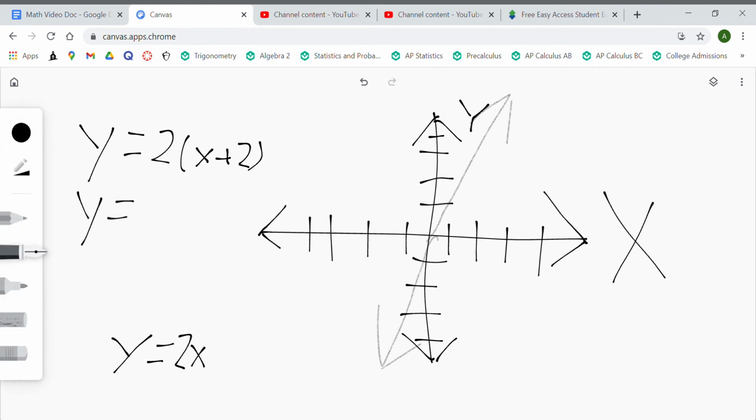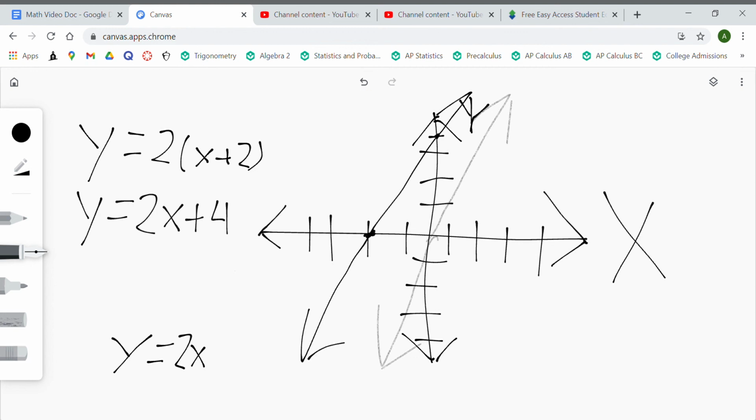We're going to simplify this and find the y-intercept. 2 times 2 is 4. So there's the y-intercept at 4. Translation 2 units to the left, because it's a positive sign. And then connect the points. Pretty simple, right?